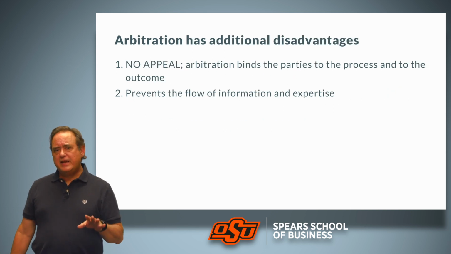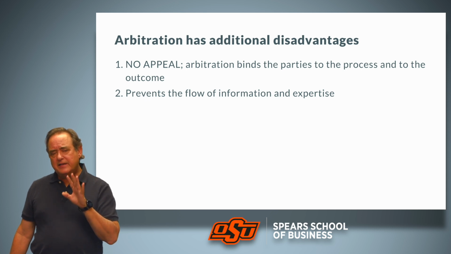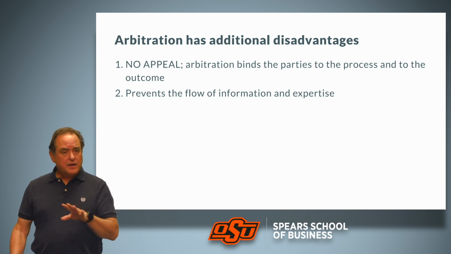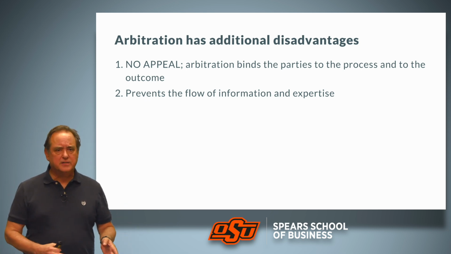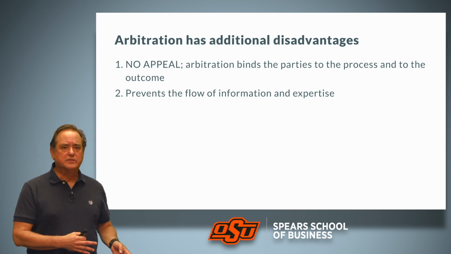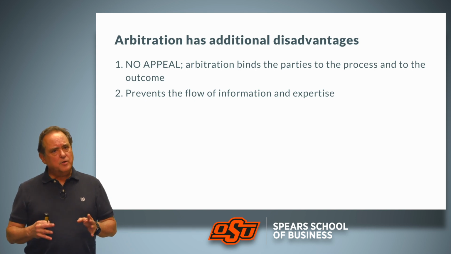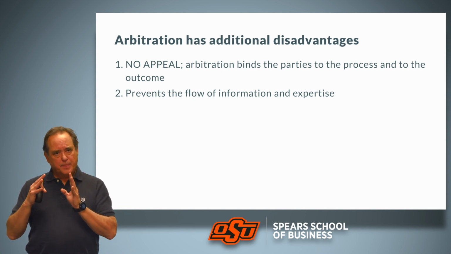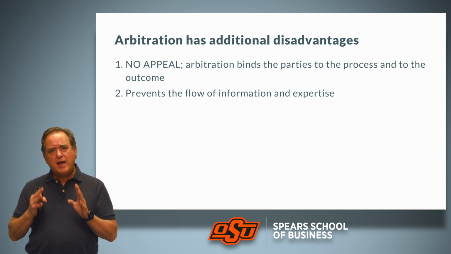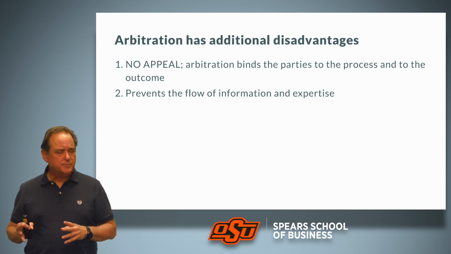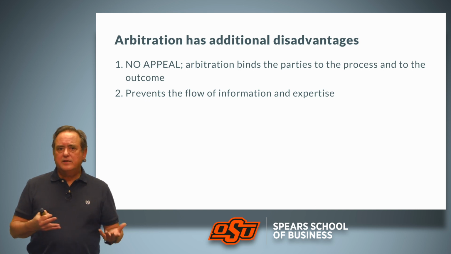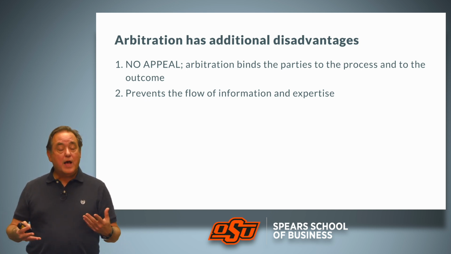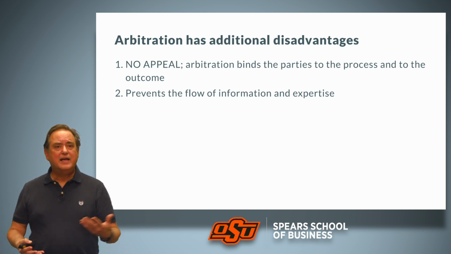There are other disadvantages, and again, this idea of no appeal. It can work in our favor, right? It can lead to a mitigation of hostilities. It can lead to a rapid resolution. But it also means that the parties are bound. And if you have an arbitrator or an arbitration panel that simply gets it wrong, there is no ability to go out and appeal that to a court.